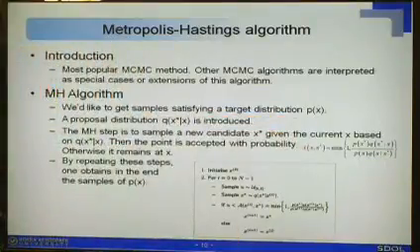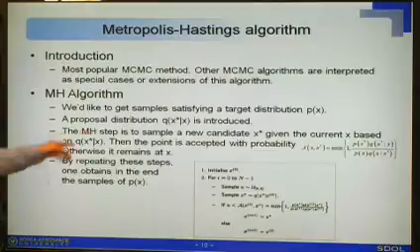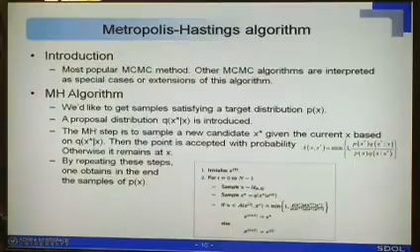And within this algorithm, we need to introduce an arbitrary proposal distribution. I call this Q here. For this distribution, we have to be able to make samples easily from it.